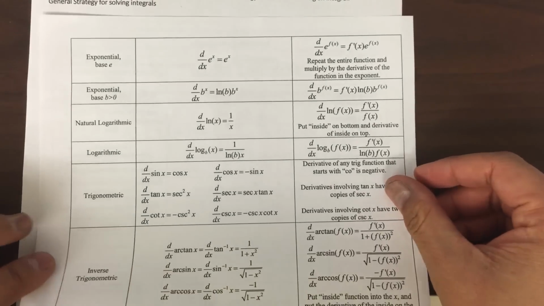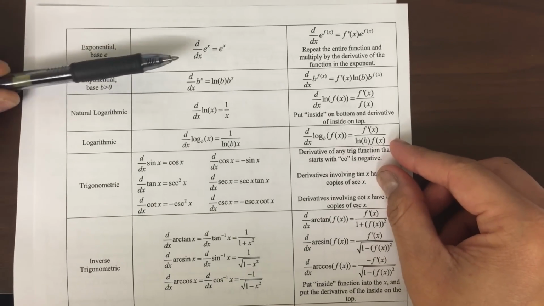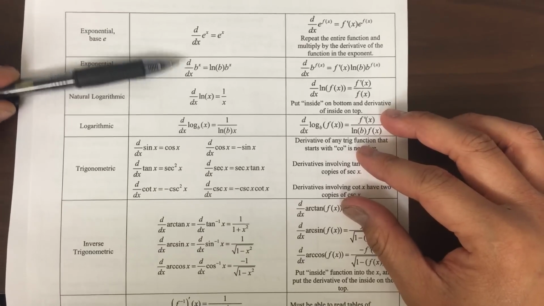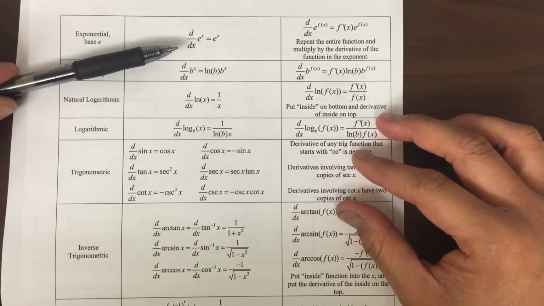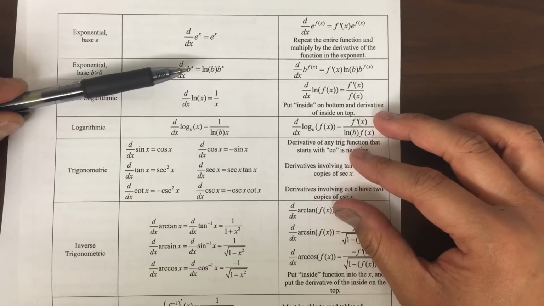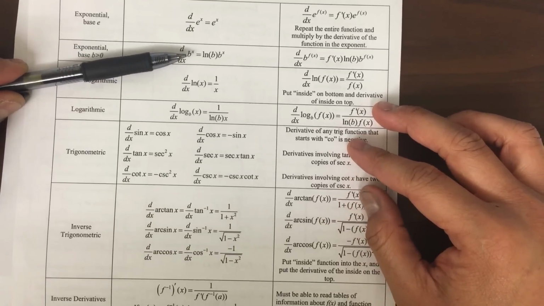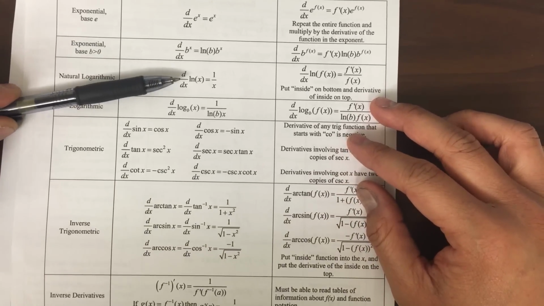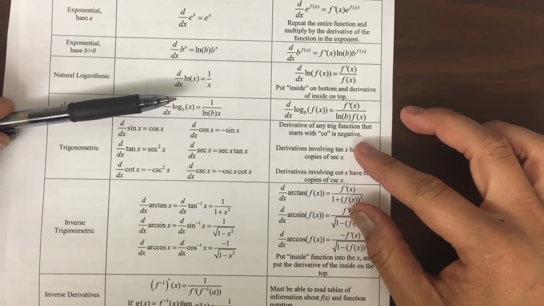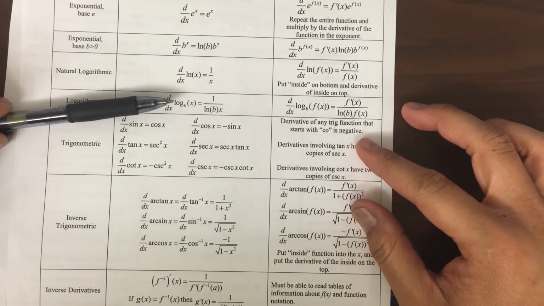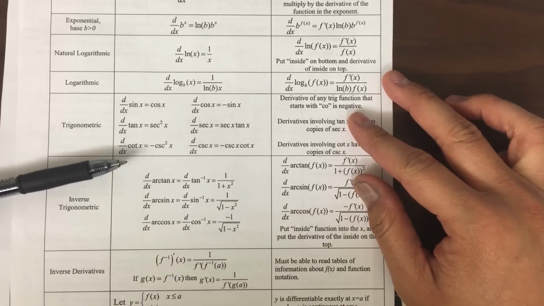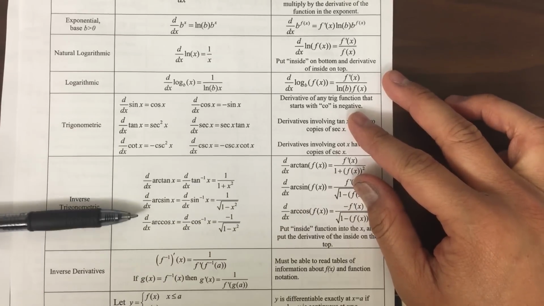You have a summary of all the transcendental functions' derivatives that you need to memorize, such as the derivative of e to the x, the derivative of a general exponential function, the derivative of a ln function, the derivative of a log function, all the trig functions' derivatives, and all the inverse functions' derivatives.